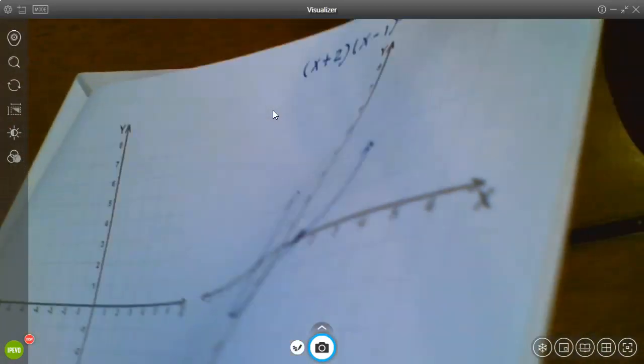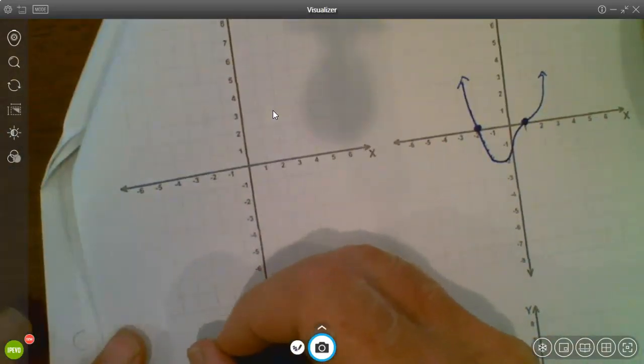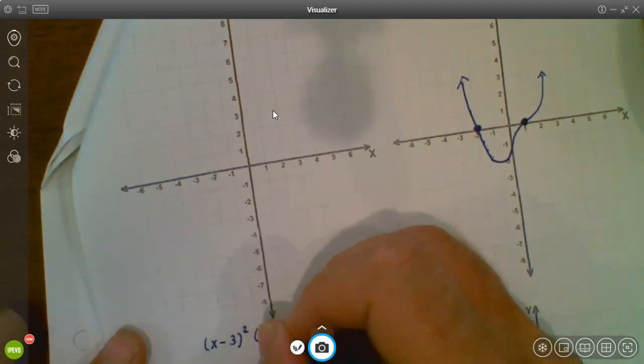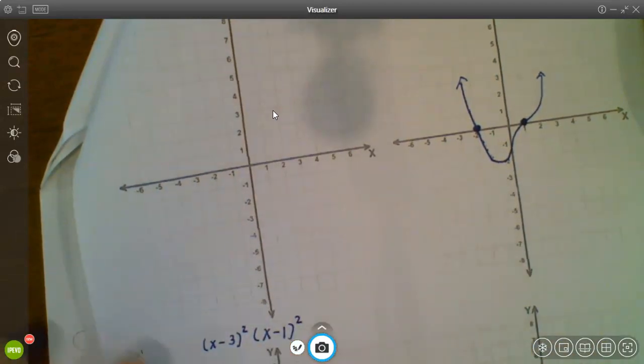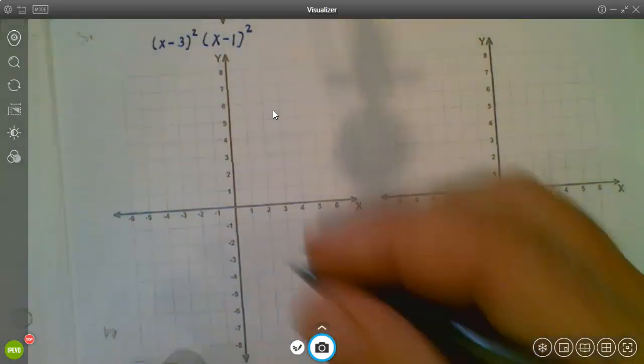Let's try 2 more. So we're going to do number 15 here, which is x minus 3 squared, x minus 1 squared. So again, my zeros are going to be at positive 3, positive 1.